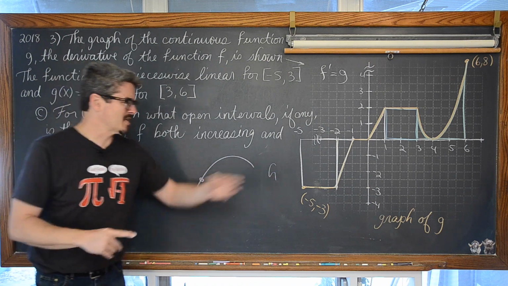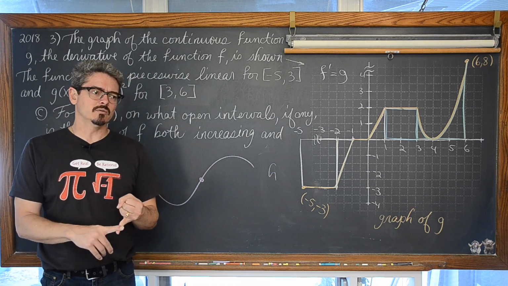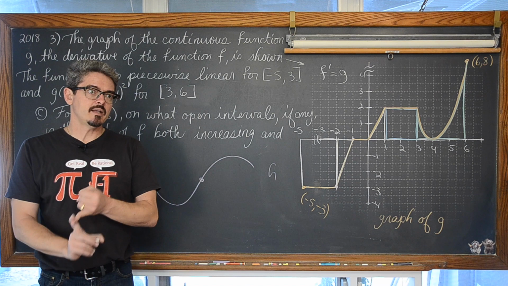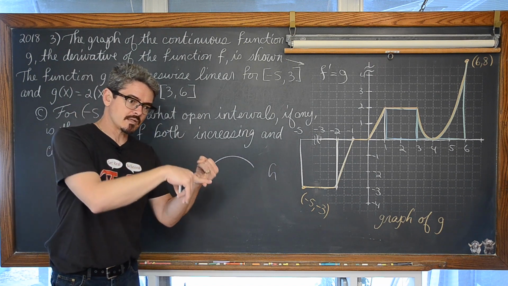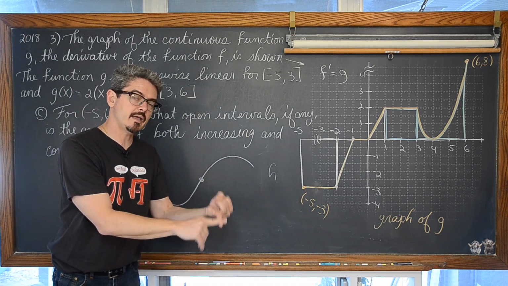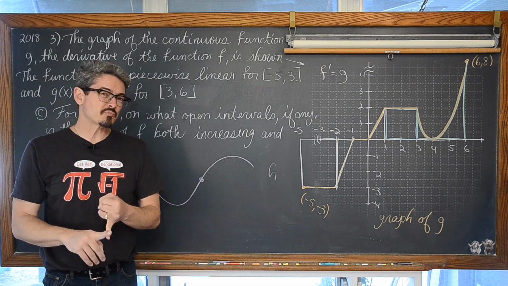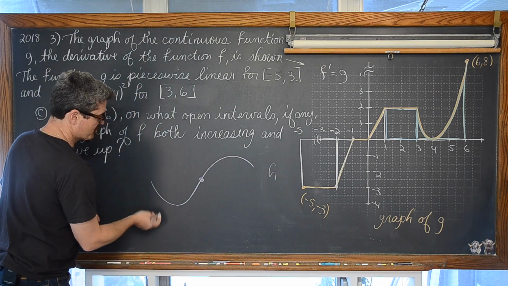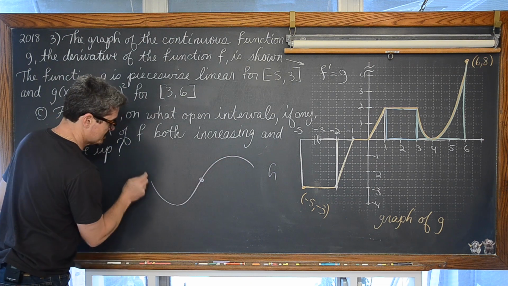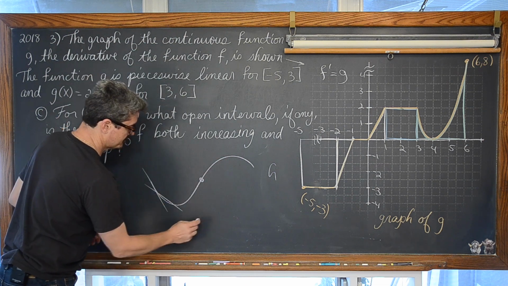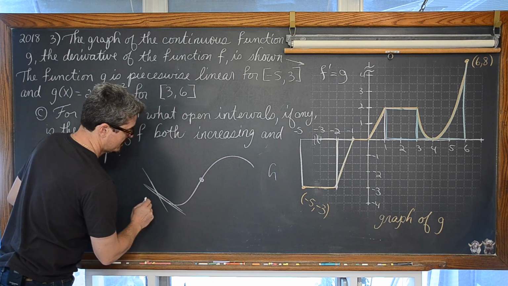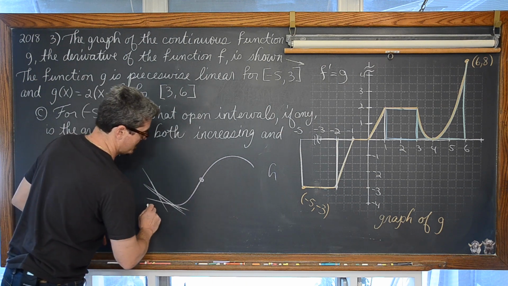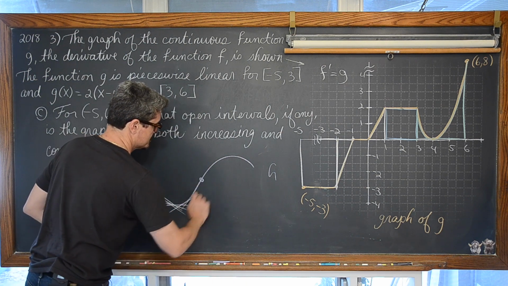If h double prime is greater than 0, positive, and h double prime is the slope of h prime, then h prime needs to be increasing. Well, maybe here h prime, the slope of h, is -4. Now it's -3, -2, or maybe -1. Now it's 0, now it's 1, now it's 2.